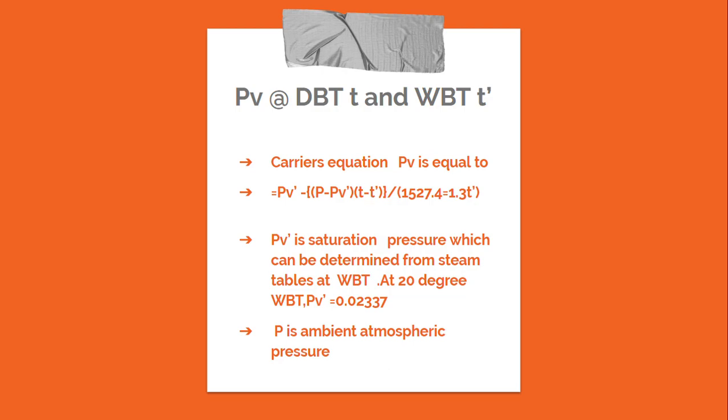Then what is unknown? PV dash is unknown. And how do you get PV dash? You get PV dash from the steam tables. Once you get PV dash, you can easily calculate PV using this expression. So the partial pressure of water vapor is determined. This is the method when you have DBT and WBT as known. What if WBT is not known and instead the dew point temperature is known? Then it becomes very easy.